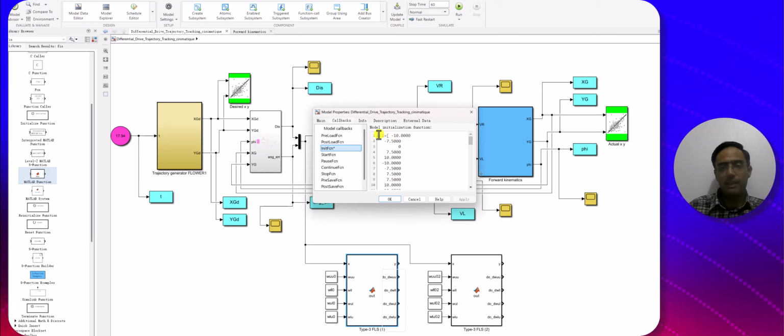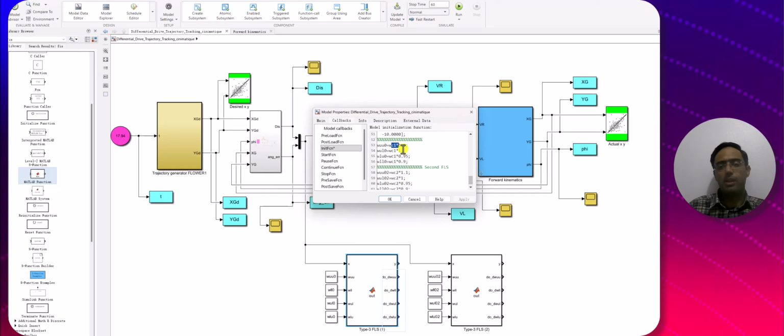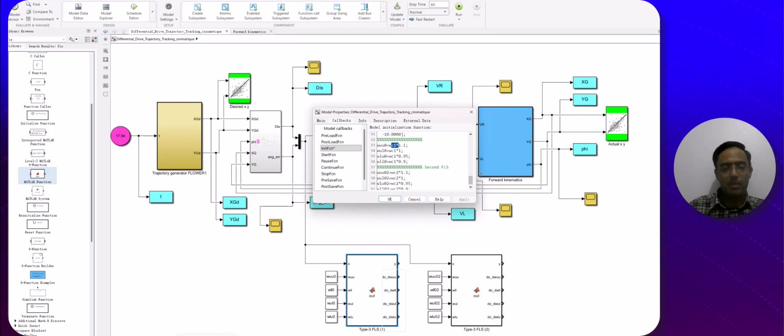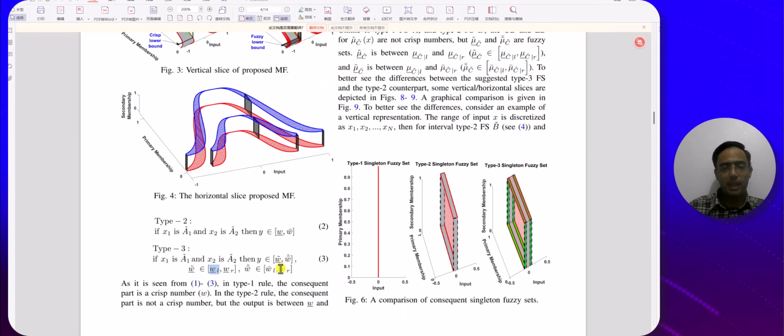This is a vector, the center for the first output, and this is the center for the second output. Here the upper bound and lower bound are supposed to be constant. For example, if we multiply this vector by 1.1, we can determine the most right side, like this one.